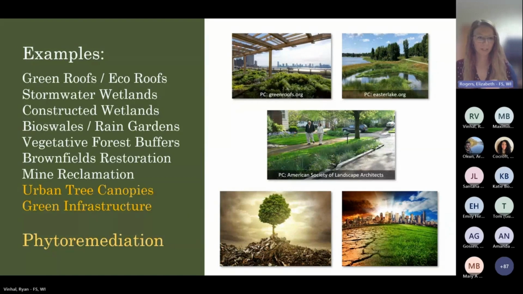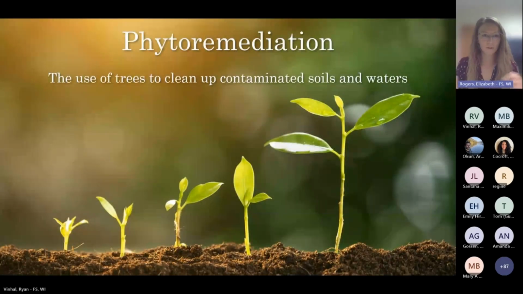And then our team will be covering phytoremediation as one of the most common phytotechnologies that we have done a lot of work in. Next slide, please. So phytoremediation, just one type of phytotechnology, is the use of trees to clean up contaminated soils and waters.